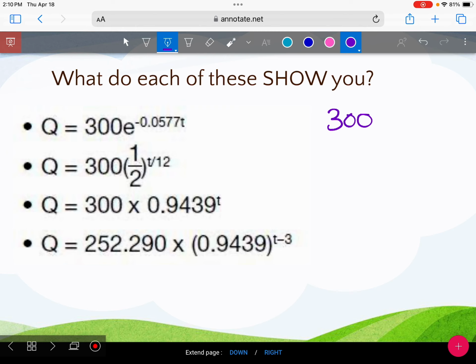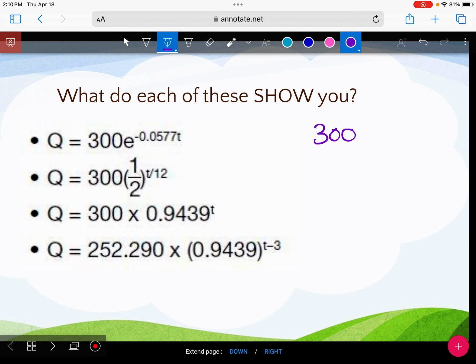The starting amount. They started with 300 grams. 300 is the starting amount. This is the part B stuff. So our initial amount, our starting amount, this one, and this one all tell us that.